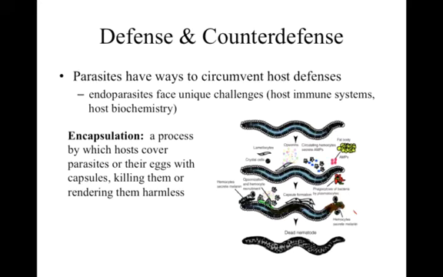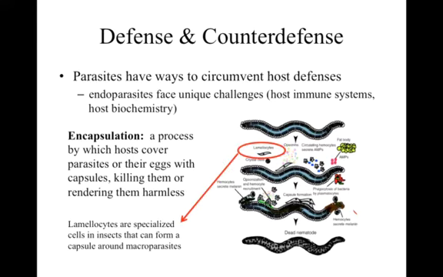What you see on the right there is a nematode, or a little worm, that's living in a host, and the host will actually cover it with specialized cells called lamellocytes. These are cells that insects produce, and they will cover the nematode and basically kill it. Encapsulation can also happen not just with the live animals, but with parasite eggs.